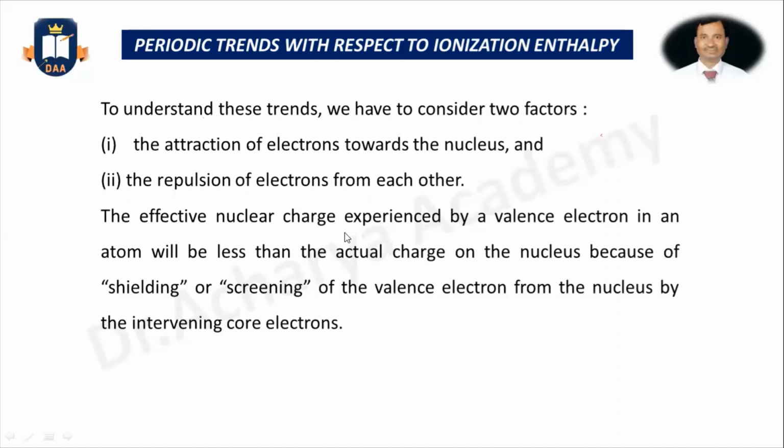The effective nuclear charge experienced by a valence electron in an atom will be less than the actual charge on the nucleus because of shielding or screening of the valence electrons from the nucleus by the intervening core electrons. The shielding effect I already discussed in the previous unit number 2.